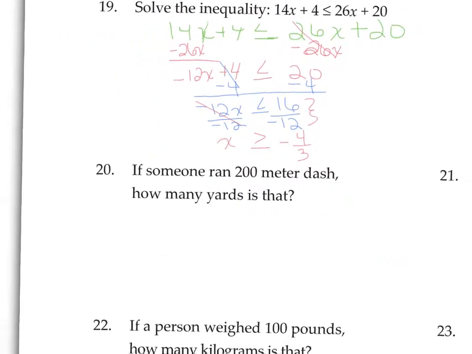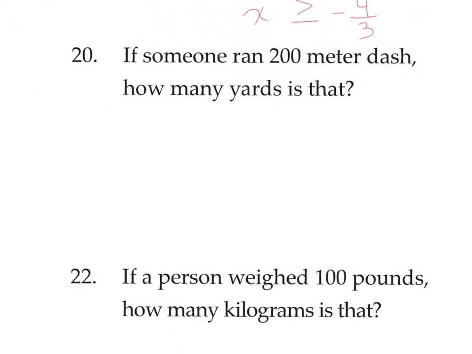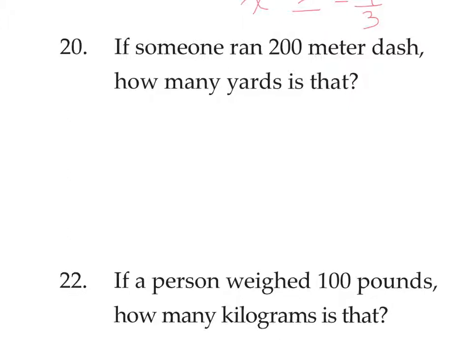All right, let's see what we got on number 20. If someone ran a 200-meter dash, how many yards is that? Okay, so these are conversions. So I like to do these with proportions. So what are we comparing? Meters to yards. Okay, we're starting with 200 meters. We're trying to figure out how many yards that is.